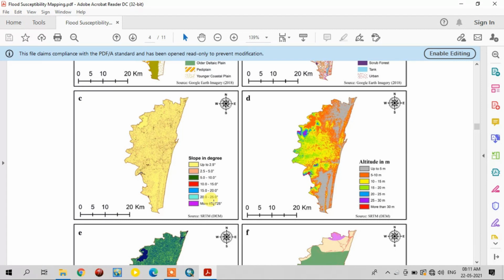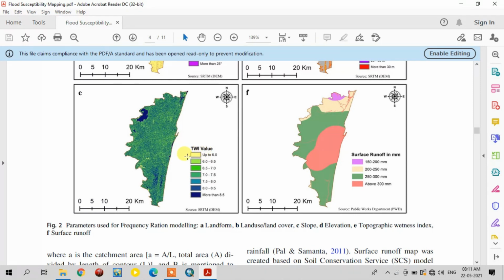Slope in degree is prepared using SRTM, Shuttle Radar Topography Mission, in ArcGIS, and the elevation also reclassified using DEM, that one also done using ArcGIS. Topographic wetness index is calculated from flow direction and flow accumulation and slope in ArcGIS.